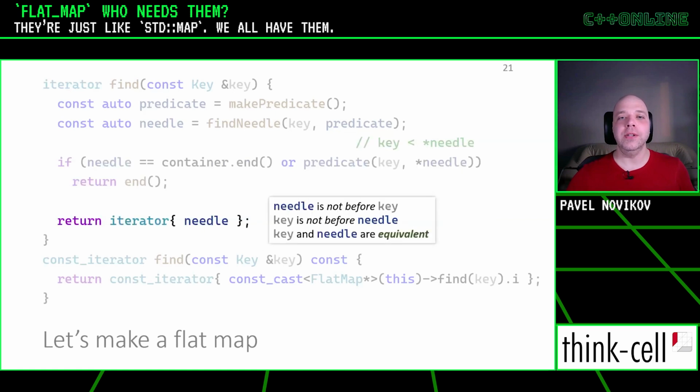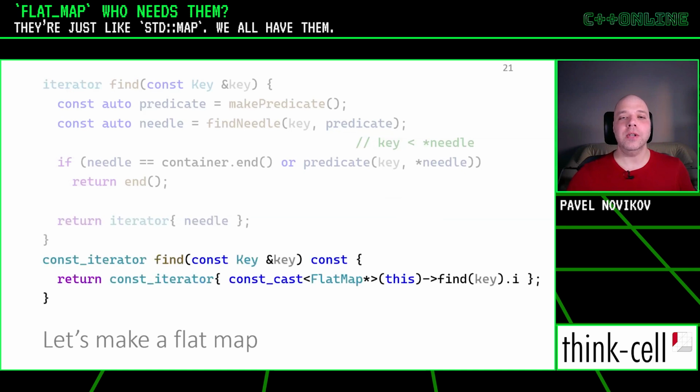Otherwise, the key is not before the needle, as we can get from the comparison in the previous if clause. And from that, we can get that key and needle are equivalent, and we return the needle iterator adapted by our adapter iterator.